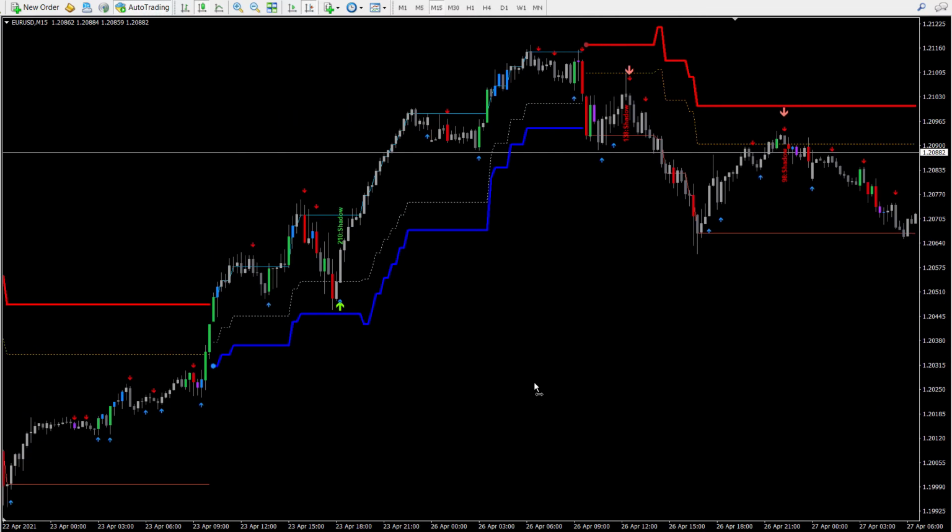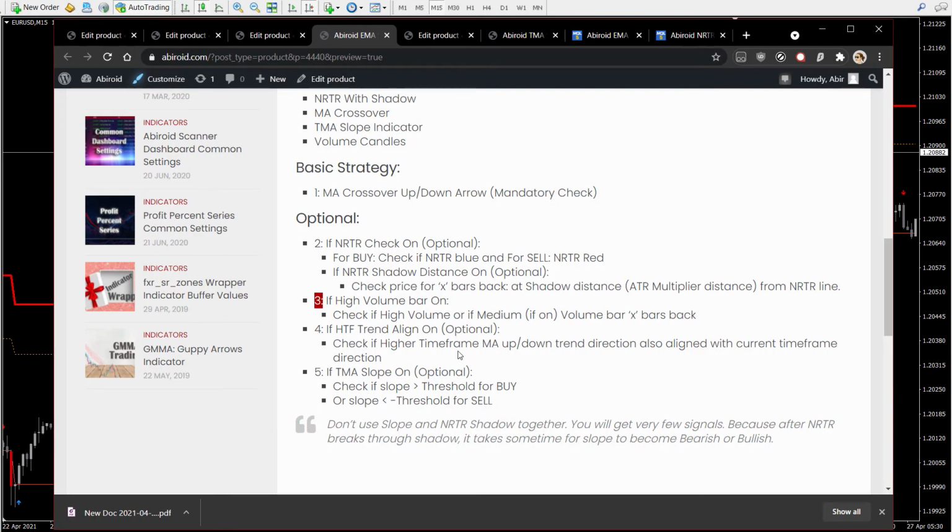Next setting that we need to talk about is the HTF trend alignment, the higher time frame trend alignment. It will check the higher time frames and whether the MA is in uptrend or downtrend.